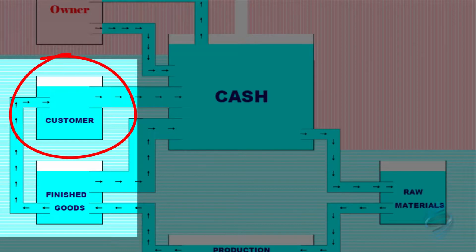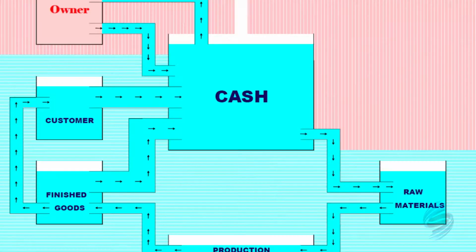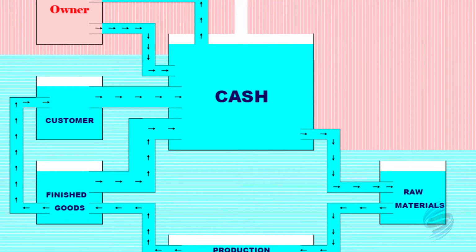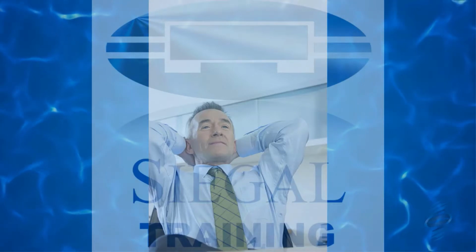The effect of this, it gave away 15% of its turnover to the financial institution in order to regain that working capital cash flow. A phenomenal effect. 15% of its margin disappeared.